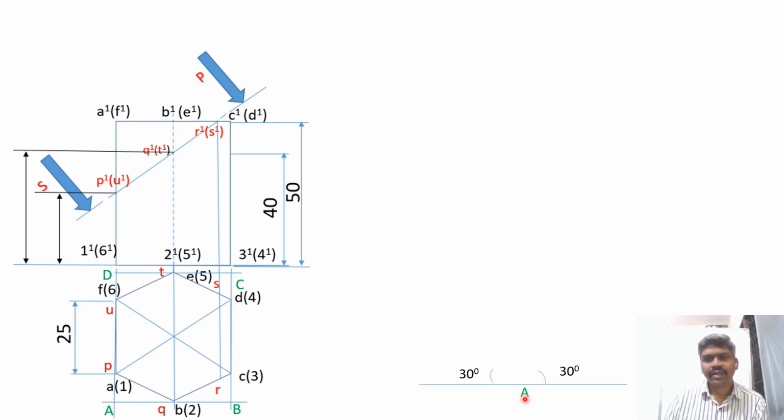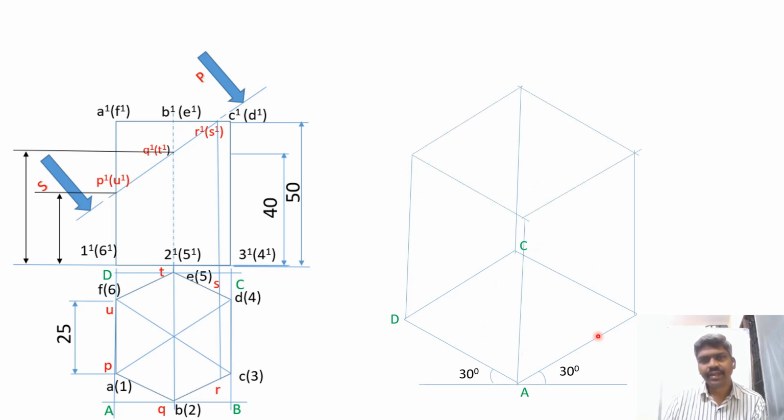Then you draw all base edges A, B, C, D. Then as per the height 50 mm, you draw all the longer edges from these A, B, C, D points. You draw the base edges here, then the longer edges here, then the top edges here.